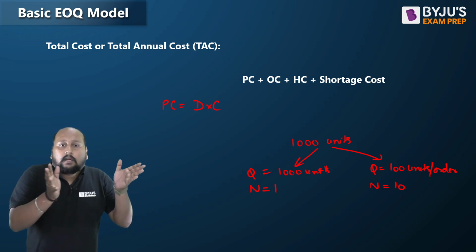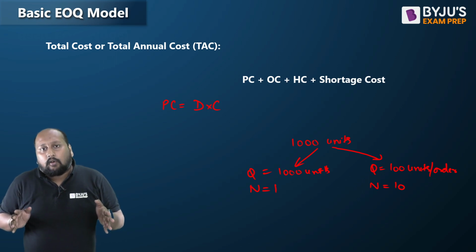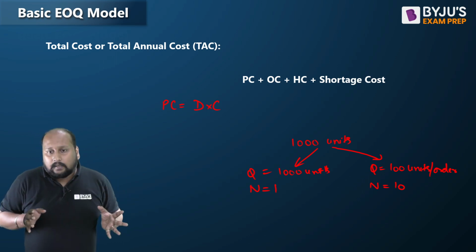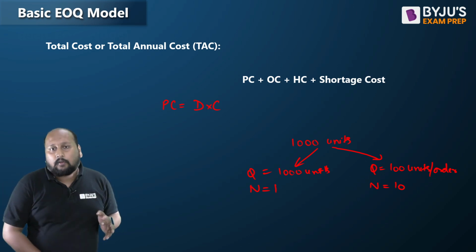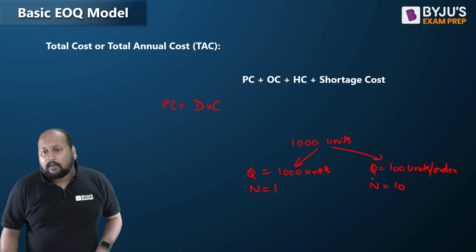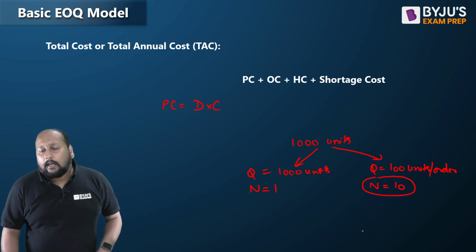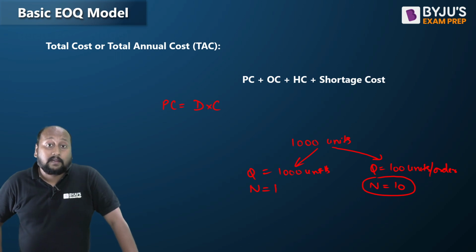Let us suppose to place an order for this product, you have to pay 1 lakh rupees. You won't be paying just 1 lakh in total, because if you are ordering 10 times, then you have to pay 10 lakh rupees if the ordering cost is 1 lakh.